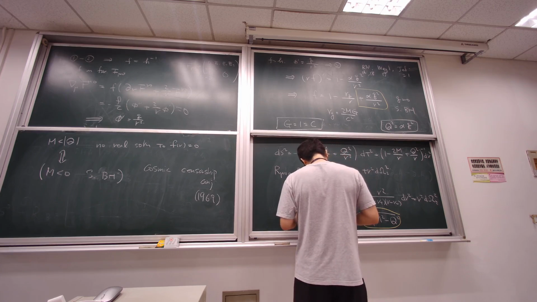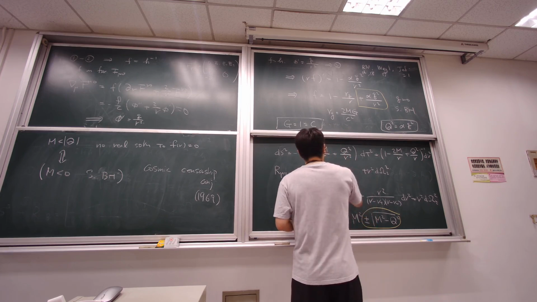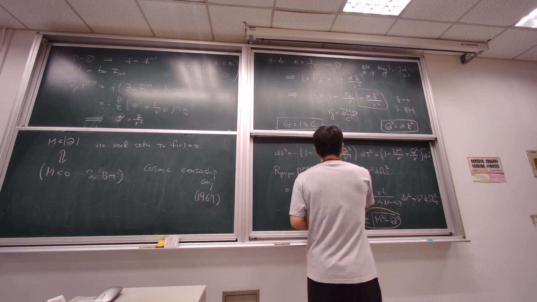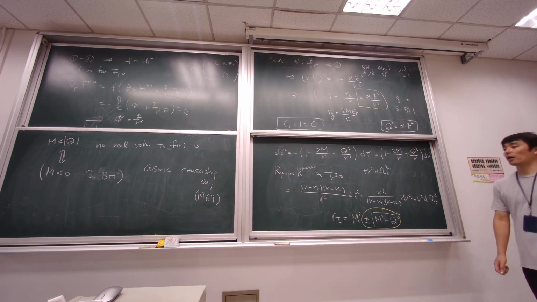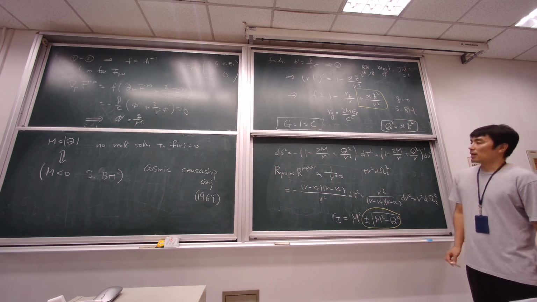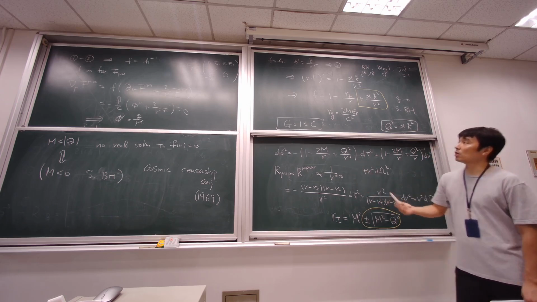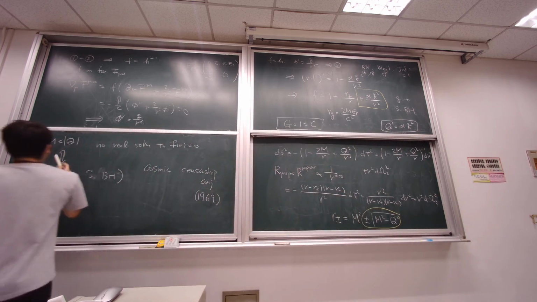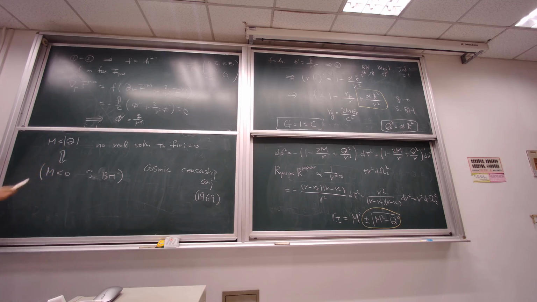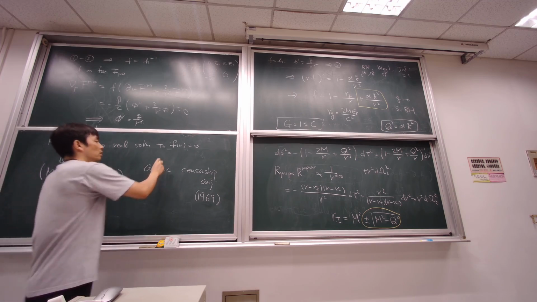Unfortunately, I didn't. Anyway, it is some positive power of this one. So therefore, the true singularity is located at r equal to 0. But this f equal to 0 becomes again some kind of event horizon. But here, if the electric charge is greater than the mass, then there's no event horizon, which means a naked singularity. Okay. So therefore cosmic censorship.